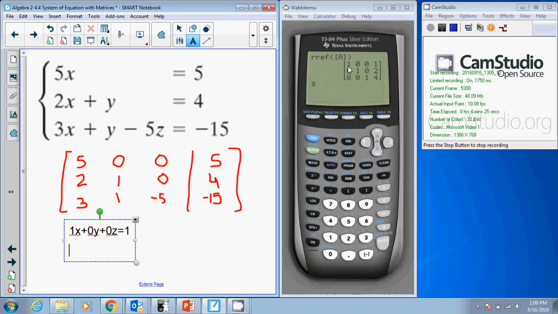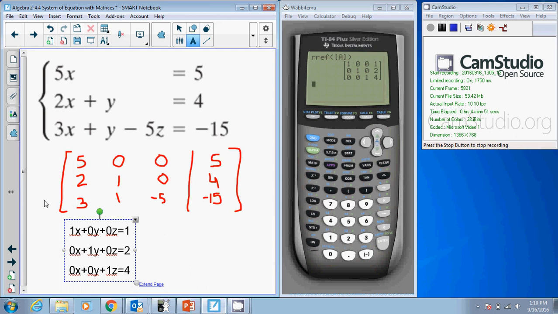Again, that comes from my reduced row form matrix. And then I have 0x plus 1y plus 0z equals 2. And then 0x plus 0y plus 1z equals 4.